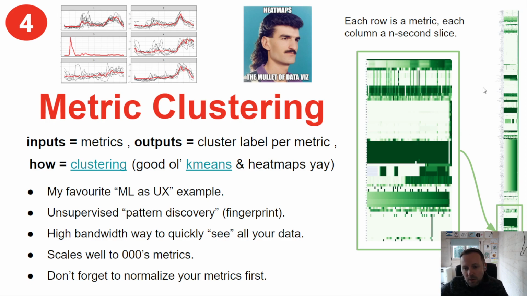So if you quickly look at this, you can easily see across all of your metrics what different types of patterns exist, and then you can easily see which metrics are in each pattern. This is one way to use ML as the UX. You'd never really get this if these were all just charts on a big, long dashboard where you scrolled, and the order was some random order, or some order based on semantics.